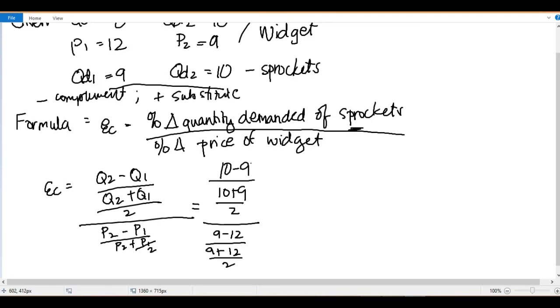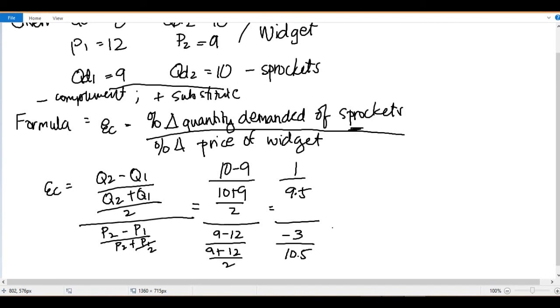Okay? So, mapapansin mo na dito, negative na agad. So, may kutob ka na. Okay, let's solve. We have 10 minus 9 is 1 divided by 10 plus 9 is 19 divided by 2, 9.5. Then 9 minus 12 is negative 3 divided by 9 plus 12 is 21 divided by 2 is 10.5.